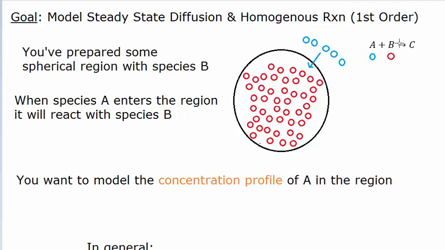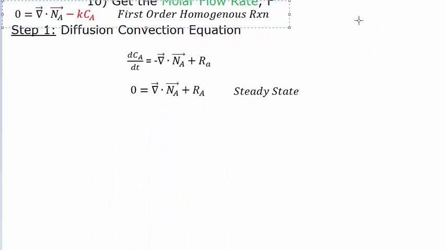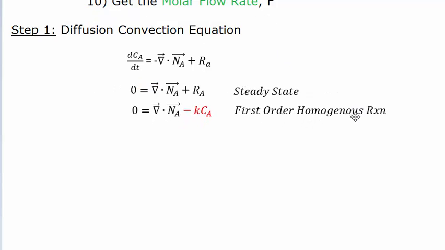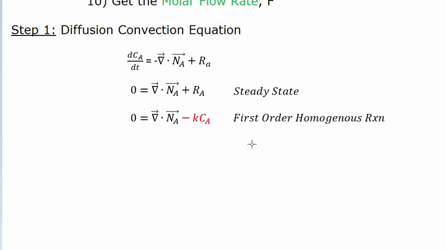If you've taken kinetics, you might say it's probably not going to be first order, but again, we're not going to assume it's an elementary reaction. We're just going to say it's simply first order in A. So assume that the reaction that occurs within the region can be written like this. The reaction rate will be equal to negative kCA.